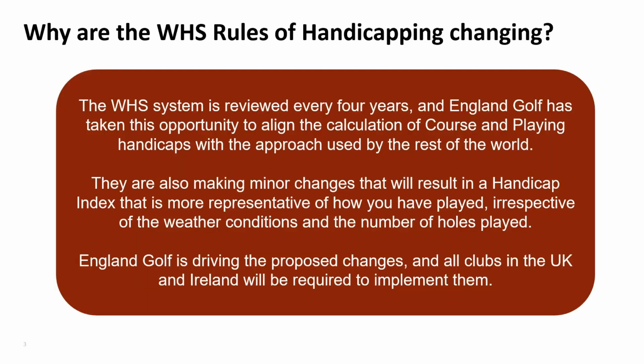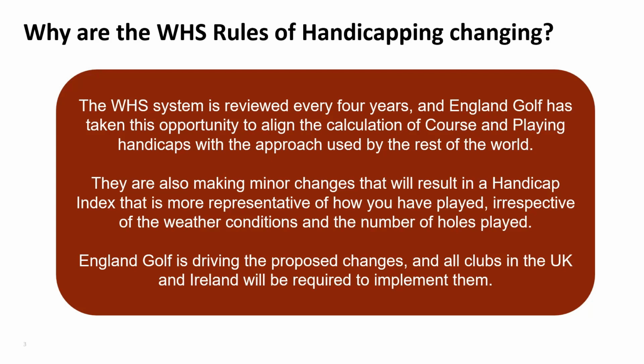So again, just to set the scene, you saw the communication the other day about these updates. So why is this system changing? I think the key thing is that the WHS, amazingly, has been in place for 4 years. It's designed to be reviewed every 4 years.